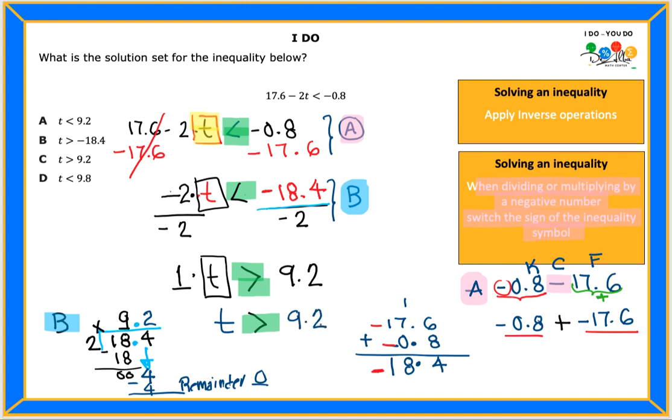See? Okay, very quickly, we're going to summarize what we did. We started doing inverse operations. The opposite of positive 17.6 is minus 17.6, and we did it on both sides. Then, guys, we recorded that answer, and now we get rid of this negative 2 by dividing both sides of the equation by negative 2, and we did our operation here on the side.